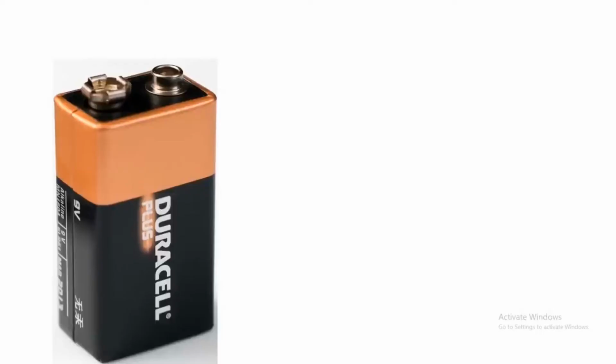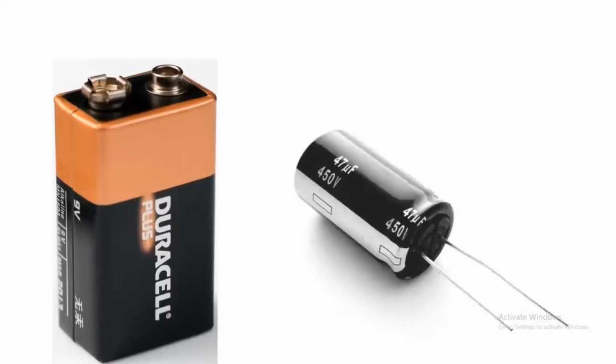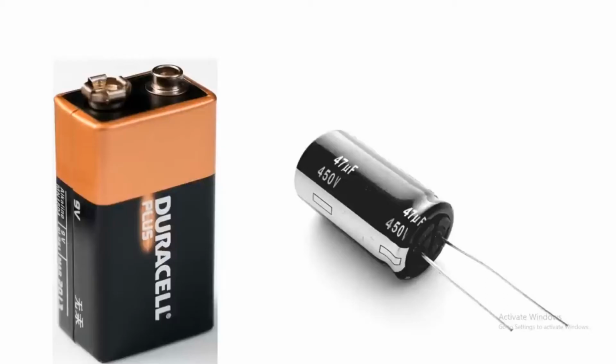So friend, the capacitor is simply like a battery. The battery stores electric charge, while the capacitor also stores electric charge. But what is the difference between a battery and a capacitor? The difference is that when you charge a battery, the battery never discharges suddenly or fast.